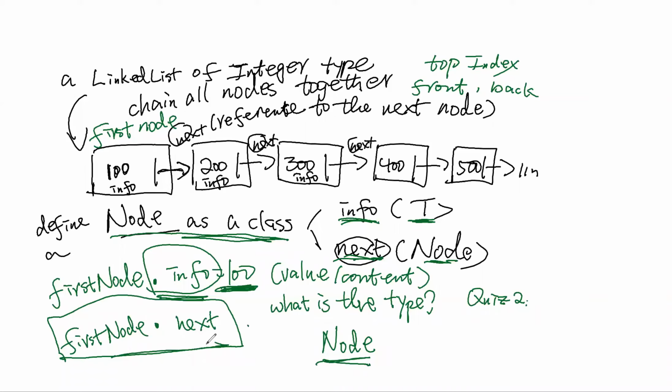Okay, so the next, basically, it's a node. So if you call it a node variable, this variable basically is the next. You can do this kind of assignment. And how do you get 200?